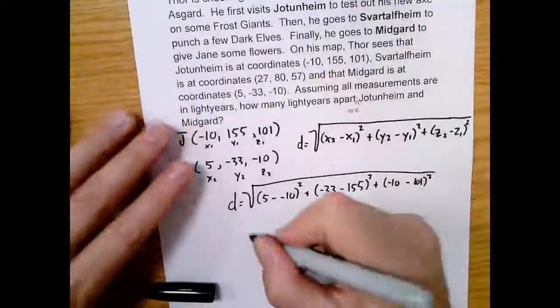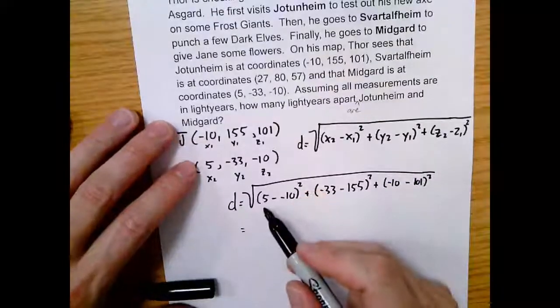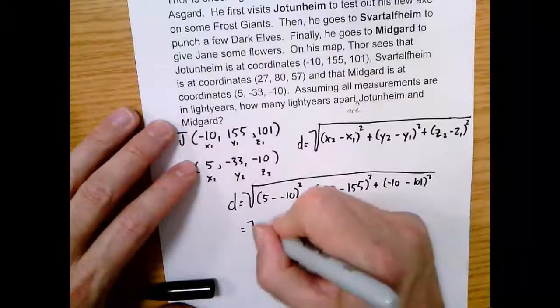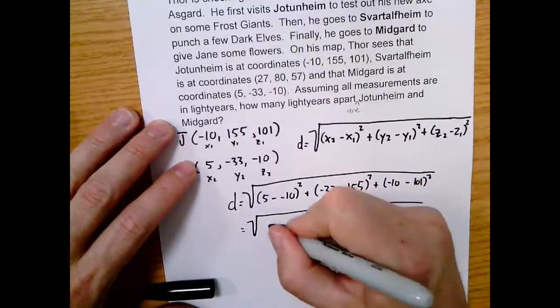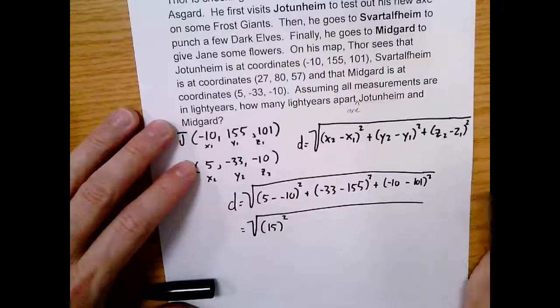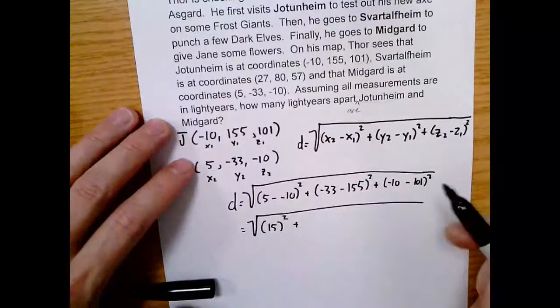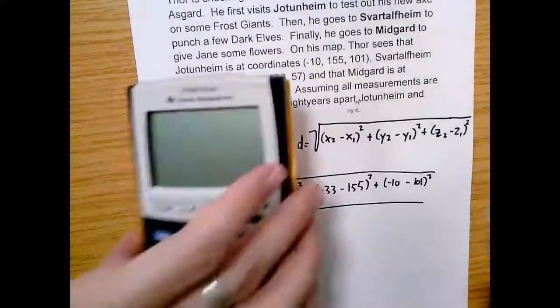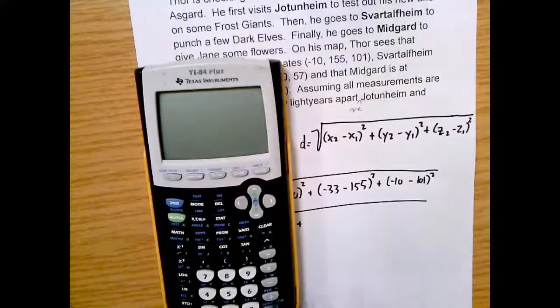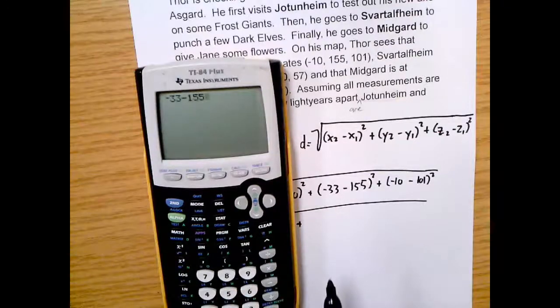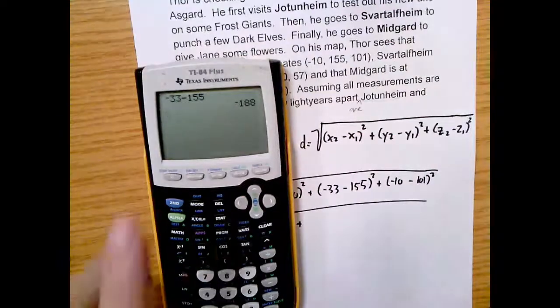Okay, let's see what we got here. So 5 minus -10, same as saying 5 plus 10, so that's 15. So we have 15 squared, plus, now we have -33 minus 155. I can see myself making a mistake here if I try to do it mentally, so why not just use my calculator? -33 minus 155, we get -188.